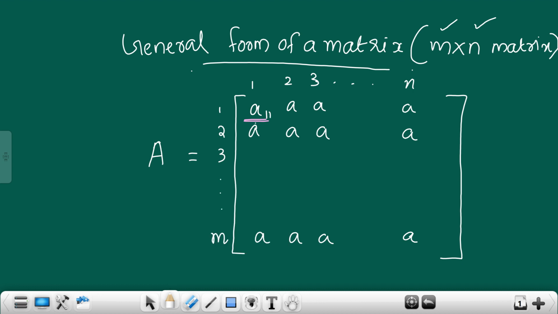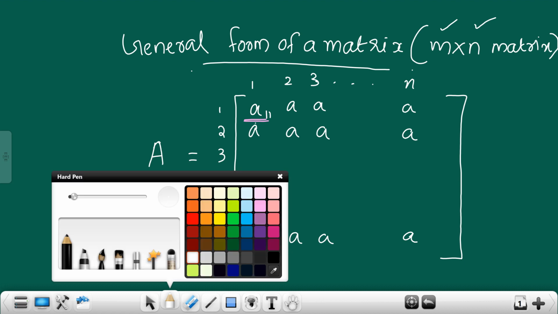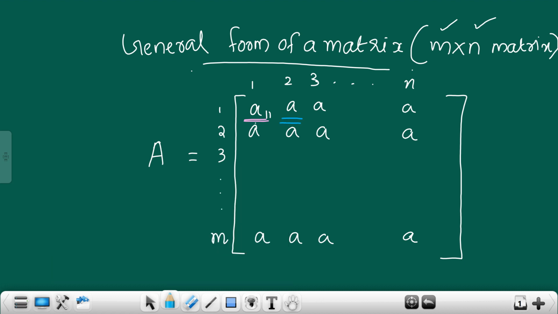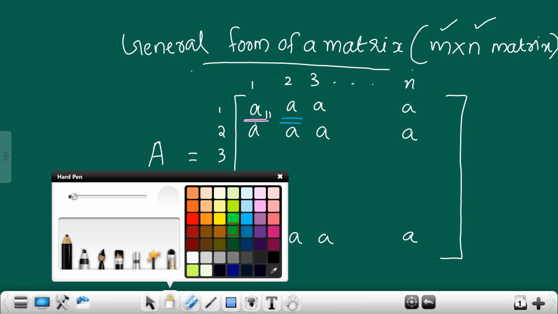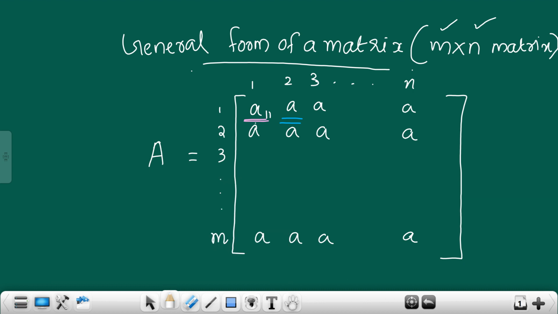In the suffix we write the position of row and column. Next we consider the second one. We can simply write a, first row and the second column. So a12, and this one is a13.